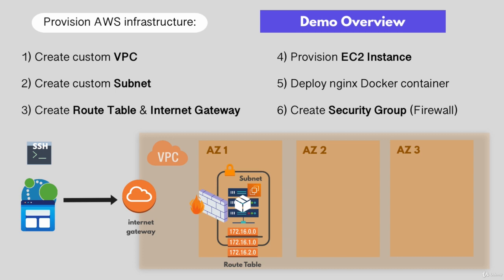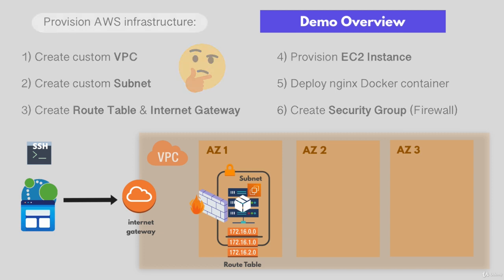Now, it may sound like we're doing a lot because we're creating a lot of components to deploy a simple server inside. However, when you have a multi-server deployment, basically you just have to create this whole network and infrastructure configuration once. So you basically have just one VPC, maybe multiple subnets, and you just deploy all the servers inside.